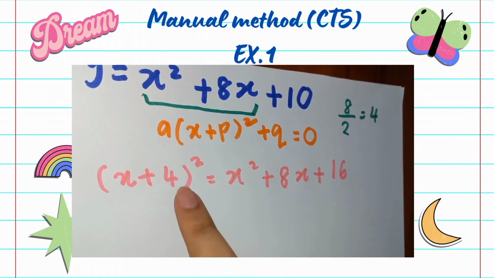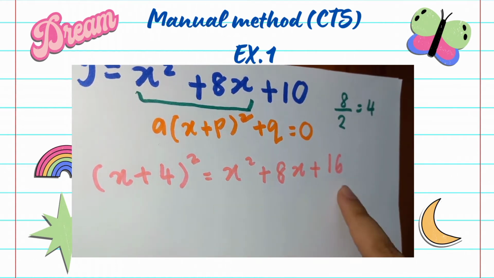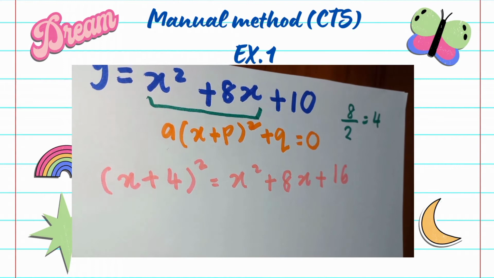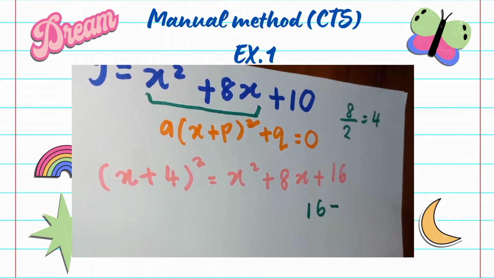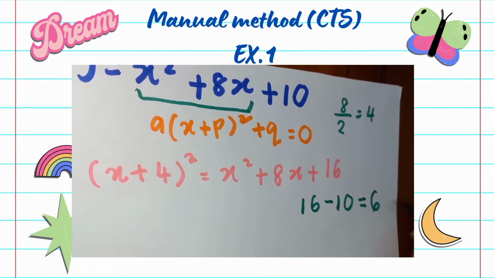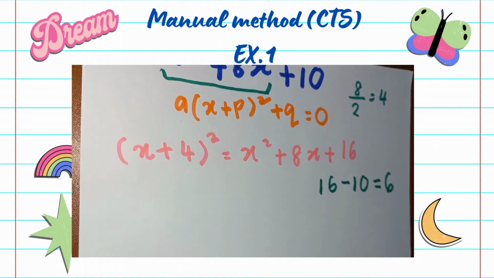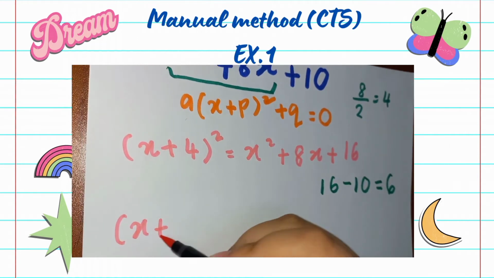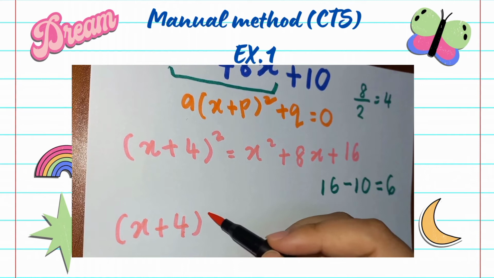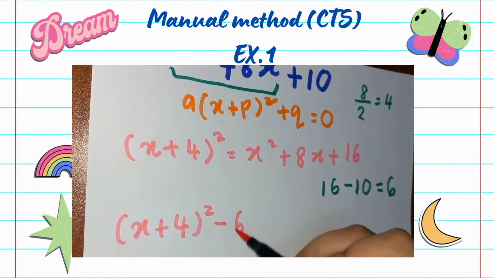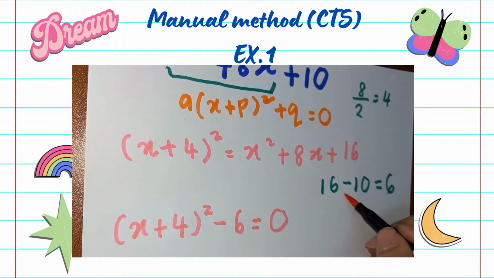The first term and the second term are the same, but the third term is not the same. So we do 16 minus 10 equals 6. So the answer is x plus 4, we just copy, x plus 4 squared minus 6 equals 0. Why minus? Because of this minus.